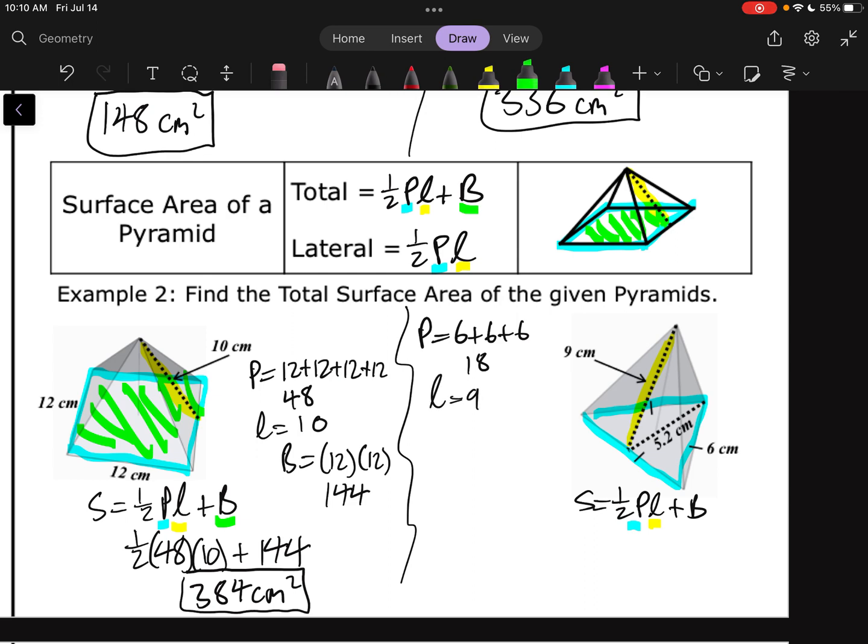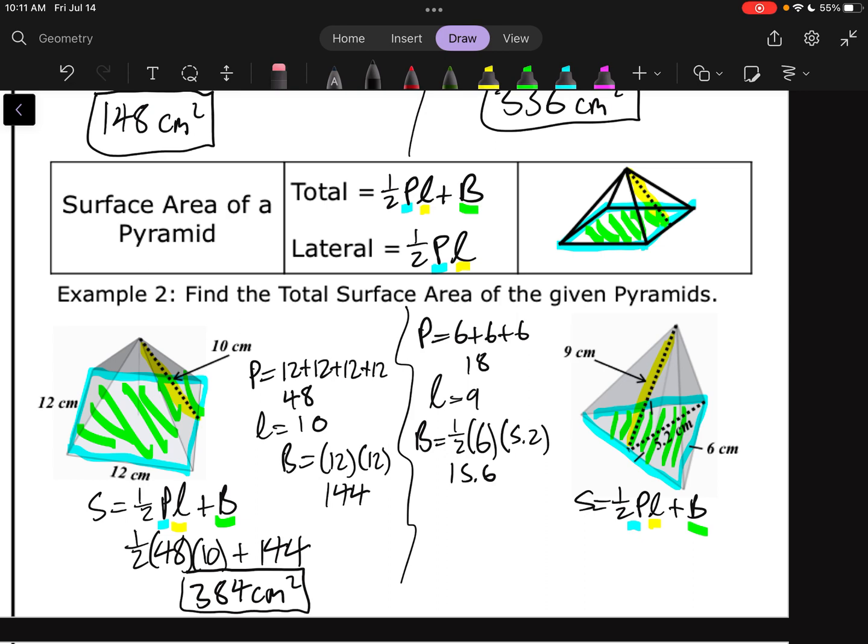And then for the B, since this is a triangle, you do 1/2 base times height. So 1/2 times 6 times, looks like the height of that triangle is the 5.2 they gave us. 1/2 times 6 times 5.2 is 15.6.